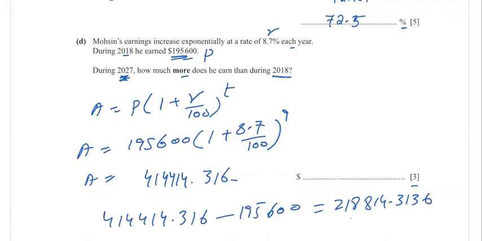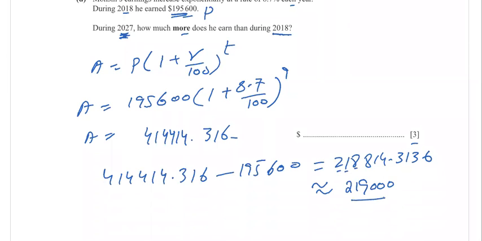So we can round this to 3 significant figures for our final answer. If I round to 3 significant, it will be first significant, second and third. So then we need to add 1 in this one, and the remaining digits of the whole part will be 0. That's how much he will have at the end of 2027.